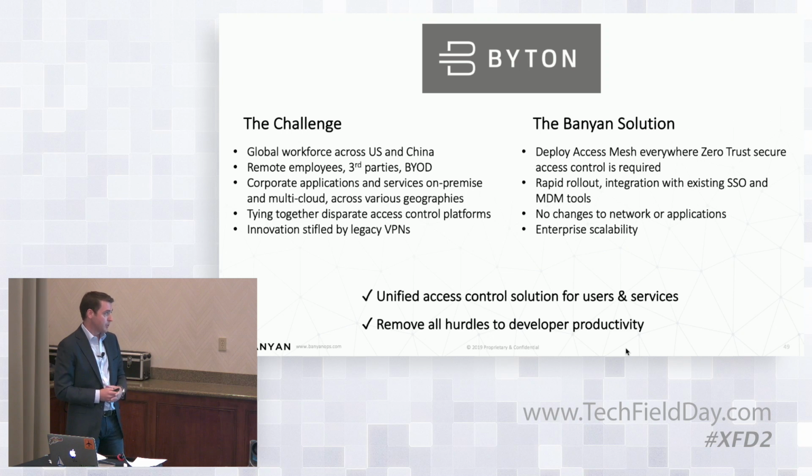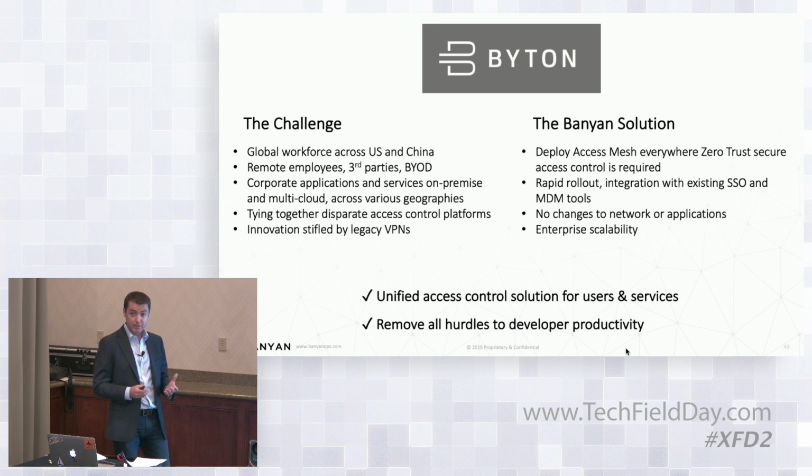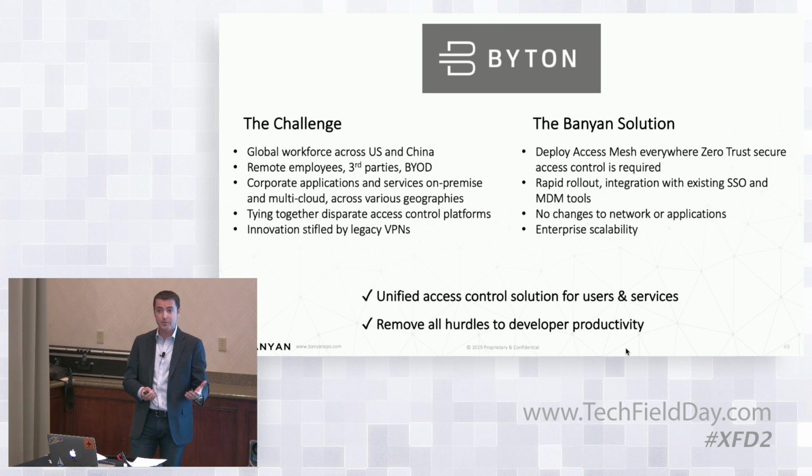We did a rapid rollout. The cool thing about Banyan is that this thing deploys in about 15 minutes. It's really fast. You don't have to make any changes to your applications, networks, or servers. It's essentially a transparent layer on top of your infrastructure and applications. That's one of the beauties of being in the AWS and GCP marketplaces: if someone wants to start with a singular use case, say zero trust access for SSH or RDP for server access, say for DevOps, you can spin that up and have it running right away.